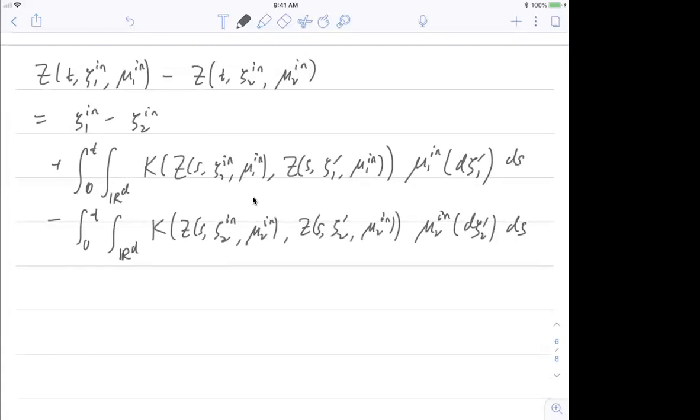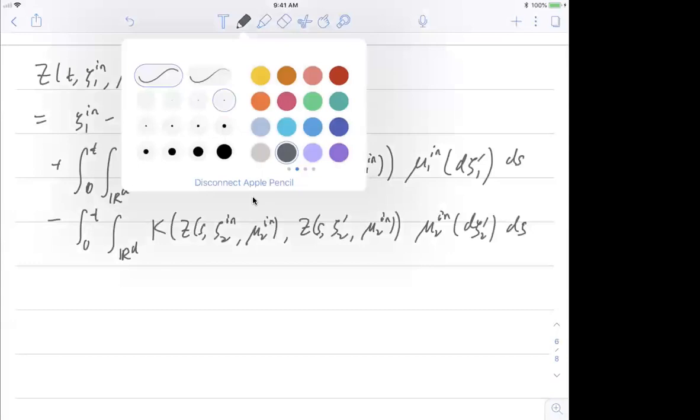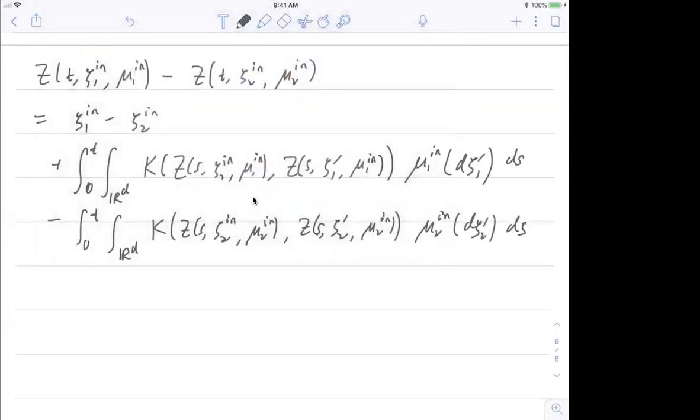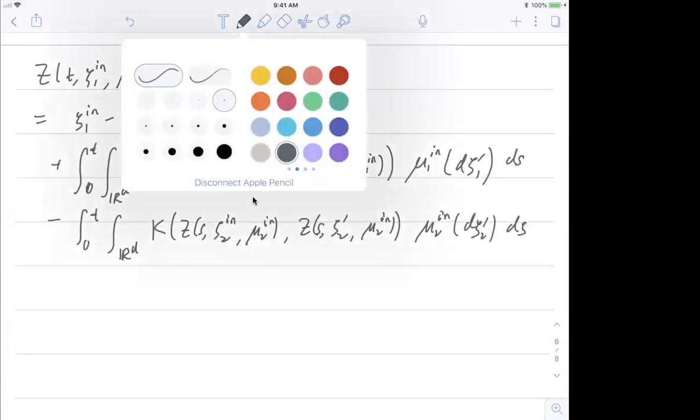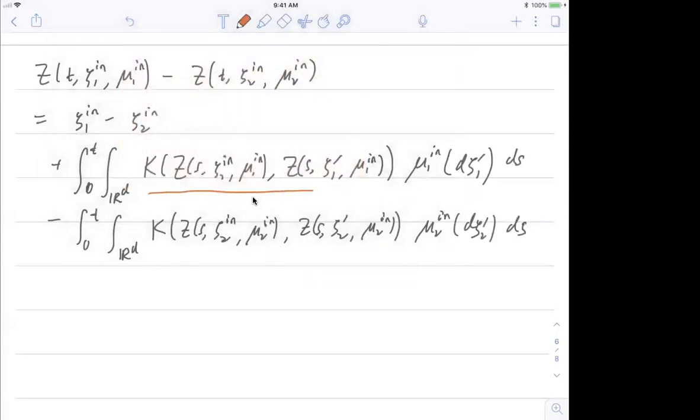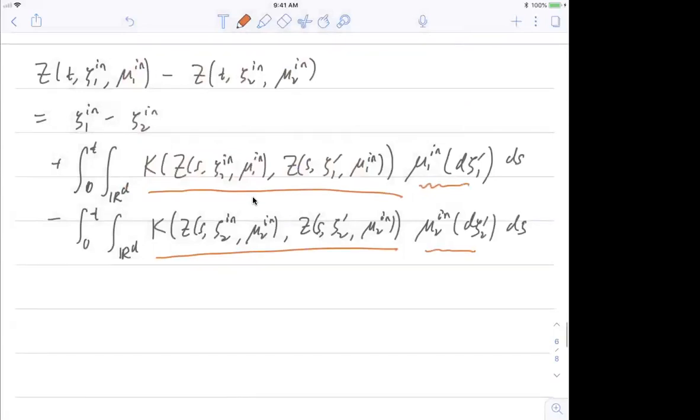Another observation I want to make: we just take the difference of these two terms, but they are integrated with respect to different measures.